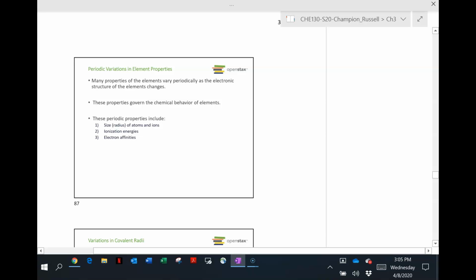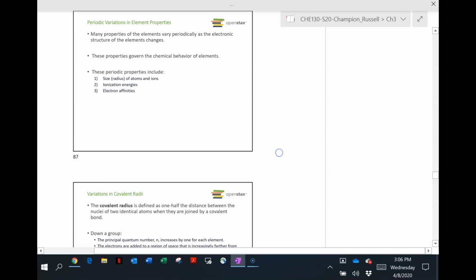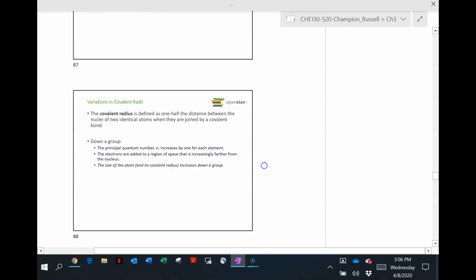The periodic table was actually put together initially to try and organize elements by their properties, and the fact that we were later able to come up with an underlying reason for why it's arranged that way and why the properties behave that way is kind of cool. So again, we're going to look at these three properties: size, or radius, ionization energy, and electron affinity. There are other ones that you'll learn later on, but we're just going to focus on these three for right now.